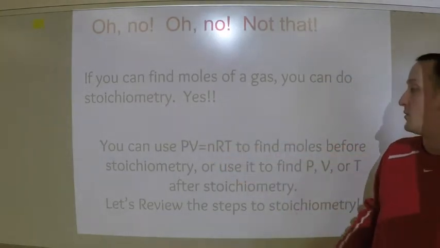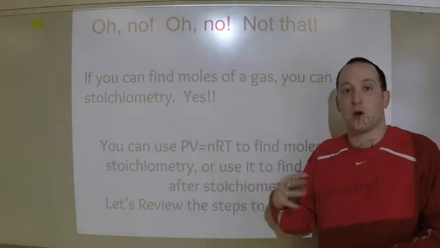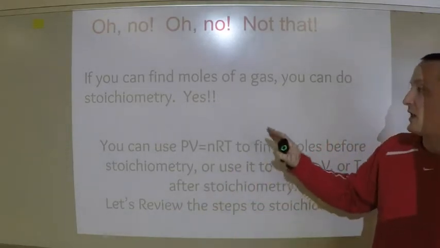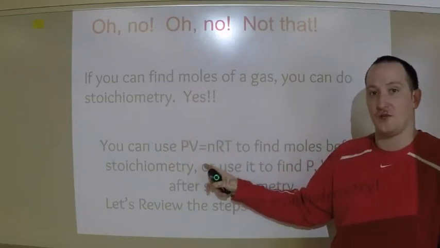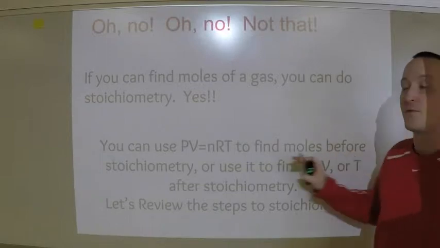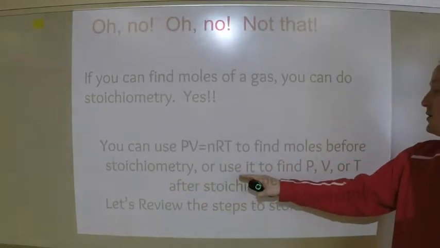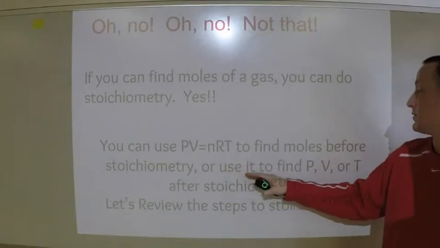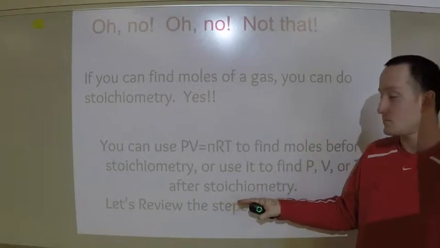In this lesson, you'll be able to use the ideal gas law, PV equals nRT, to find moles before you do stoichiometry, or you might use it to find pressure, volume, or temperature after stoichiometry.